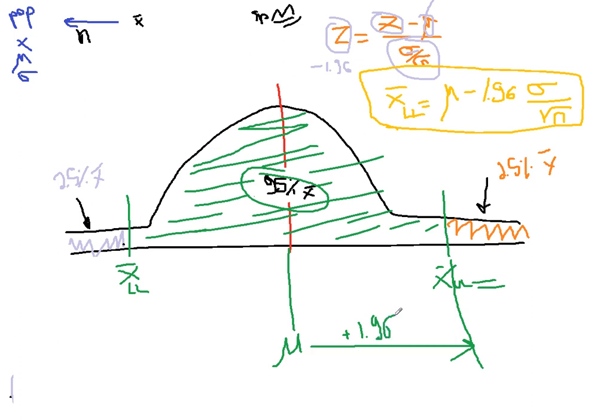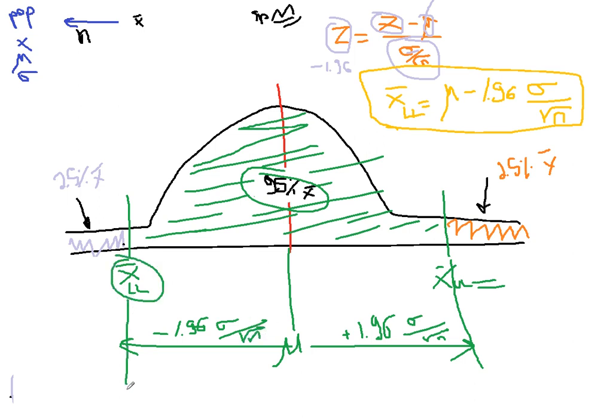And similarly, if you take mu and you go down by negative 1.96 sigma over root n, you will reach your lower limit.